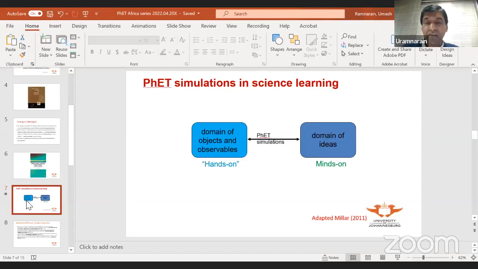So essentially, the way in which we regard PhET simulations is it is a tool which can be used to promote inquiry-based learning.